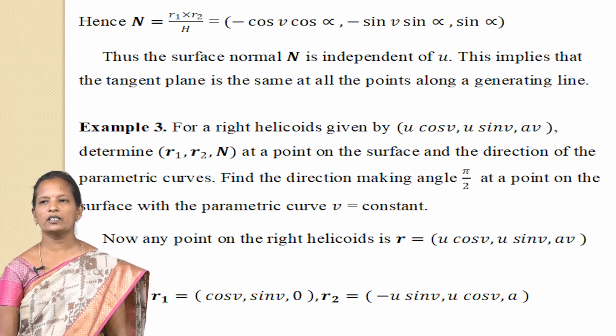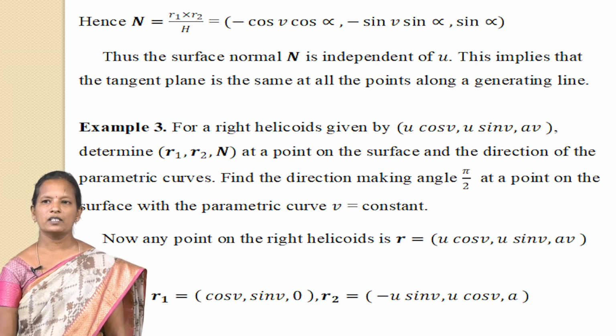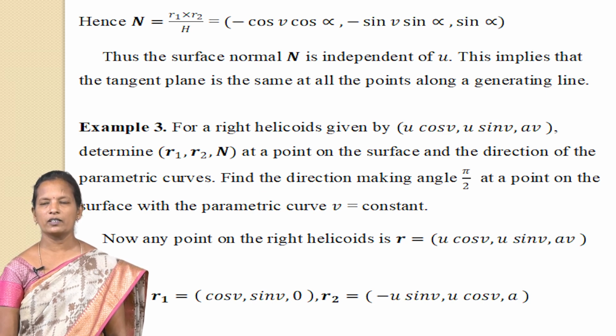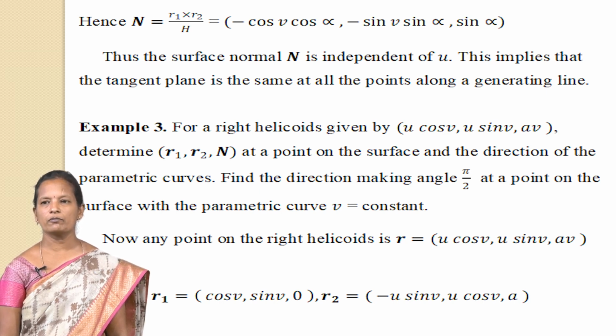There is no U term in the last term, A into V, there is no U value, hence 0. Next R2, differentiate the R vector with respect to V. So R2 is equal to minus U sin V, U cos V, differentiated with respect to V, so minus sin V into U, U into cos V, and the last term A into 1, so A.